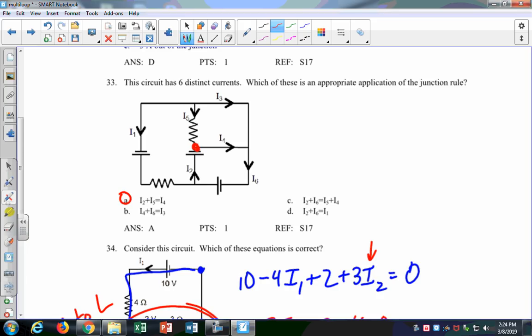But look, I can look at some of these others. Right. I2, that's incoming, incoming, outgoing. So I2 plus I5 equals I4. Or I could take this junction. This junction should read I1 plus I5 plus I3 equals 0.